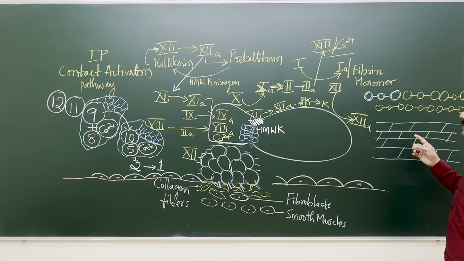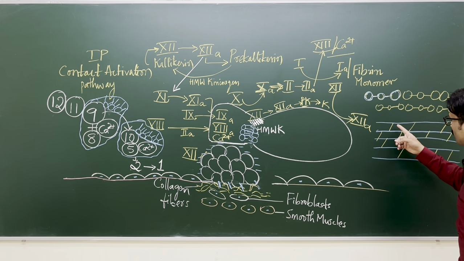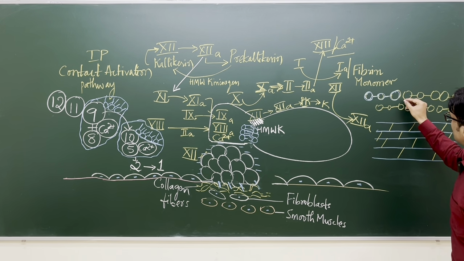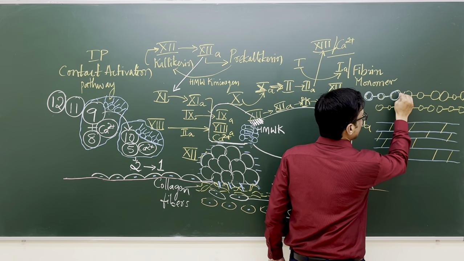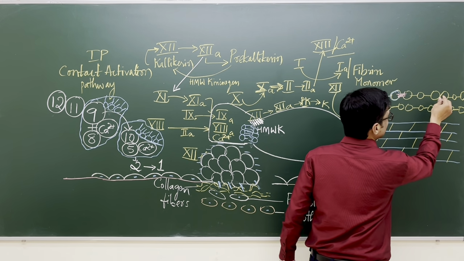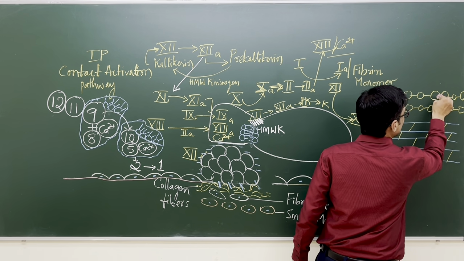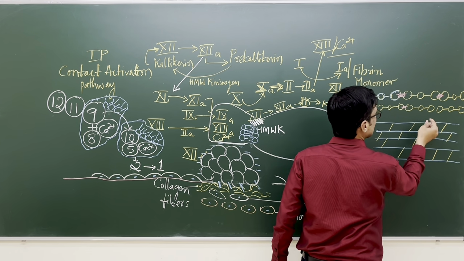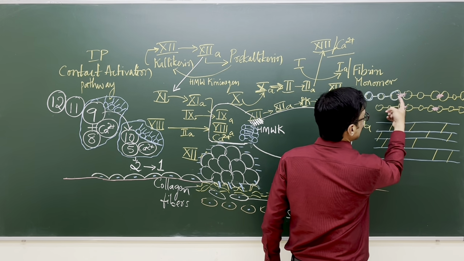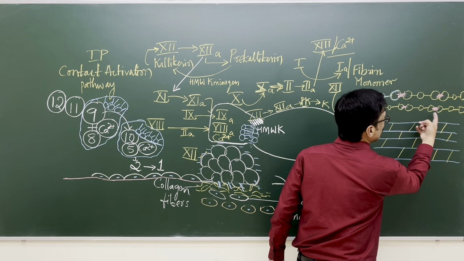This fibrin stabilizing factor, factor 13, not only forms the cross link between the two strands, this also links the fibrin monomers together by covalent bonds. So this is how the fibrin monomers are also linked together by covalent bonds.